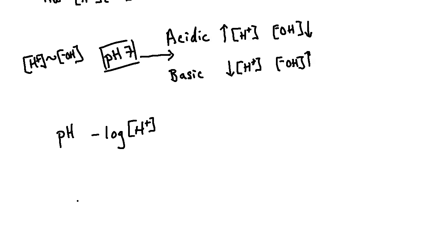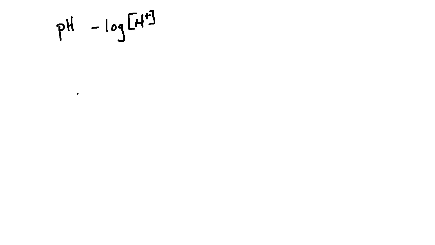Okay, so what I'm going to do is bring up a question here for practice, and we're going to utilize Kw in order to find out the H plus. And when we do that, we can then take a look at how this would relate back into the pH equation.